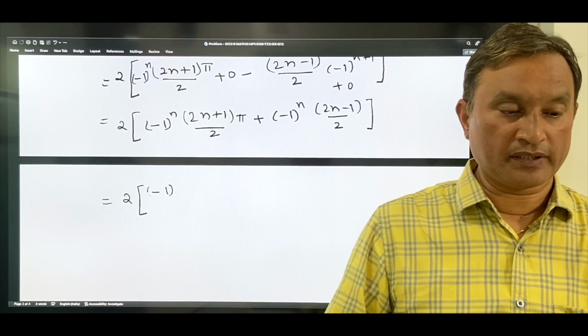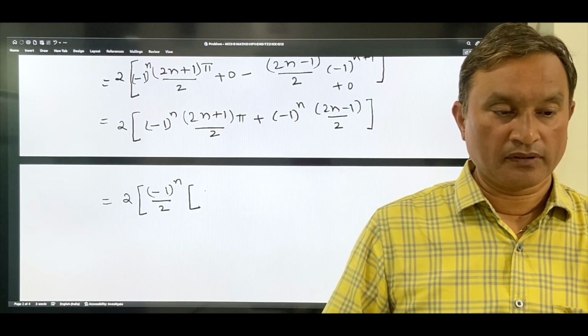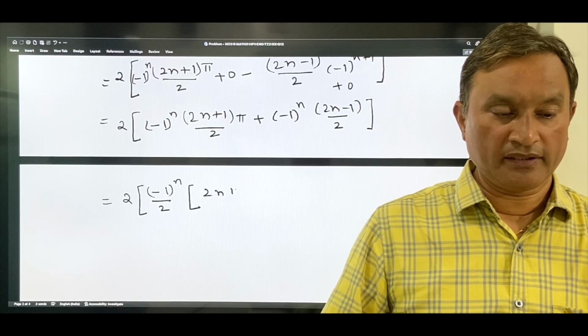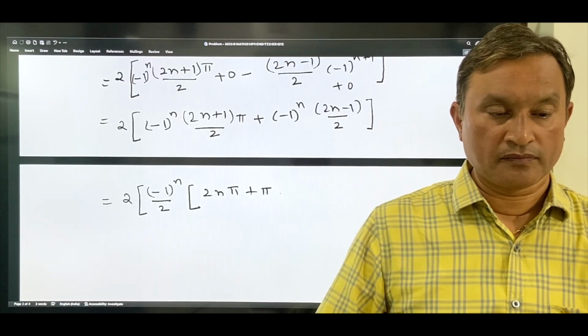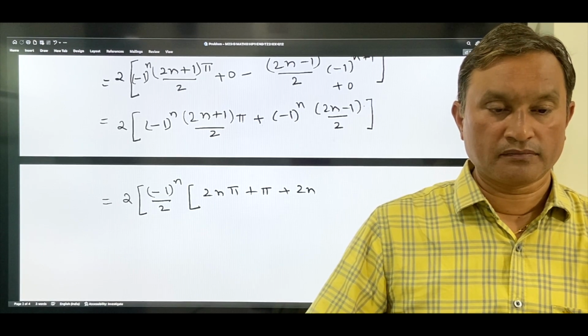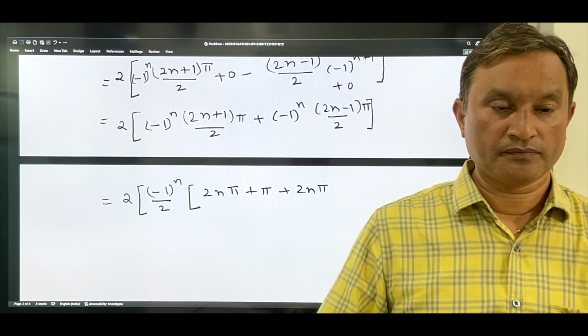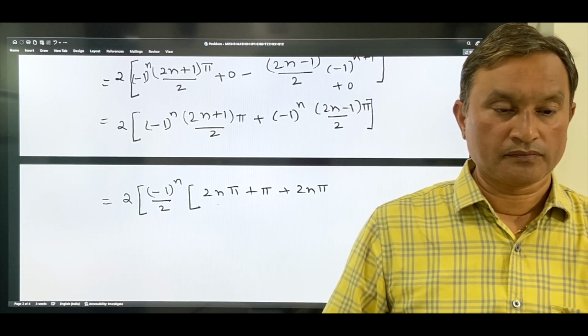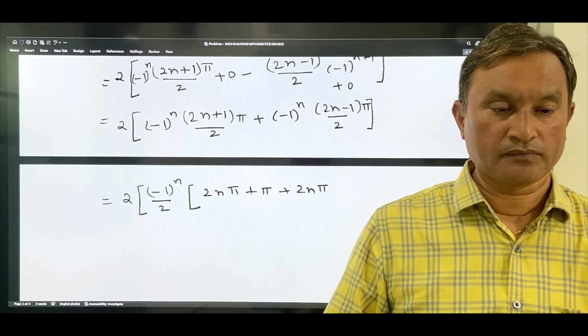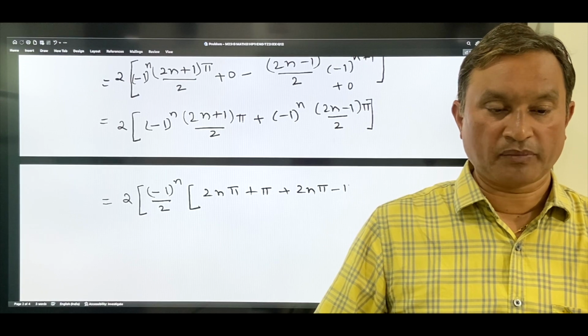Minus 1 power n upon 2, and here we will be getting 2n pi plus pi plus 2n pi minus pi.